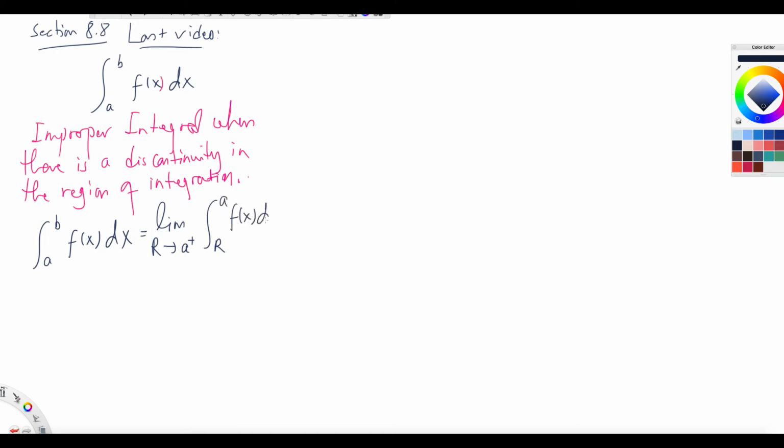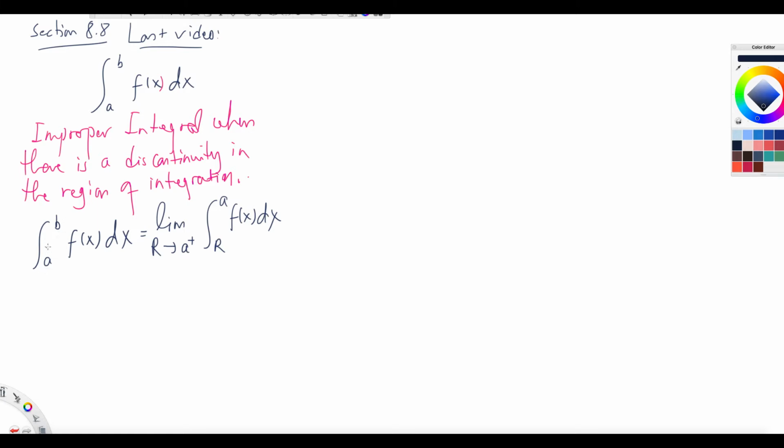That's what you do. Meaning that if the function is not continuous at a, then to find out the limit, we do it like this: limit as r tends to a plus, because a minus is going to a from below a, but that region does not belong to this a to b.